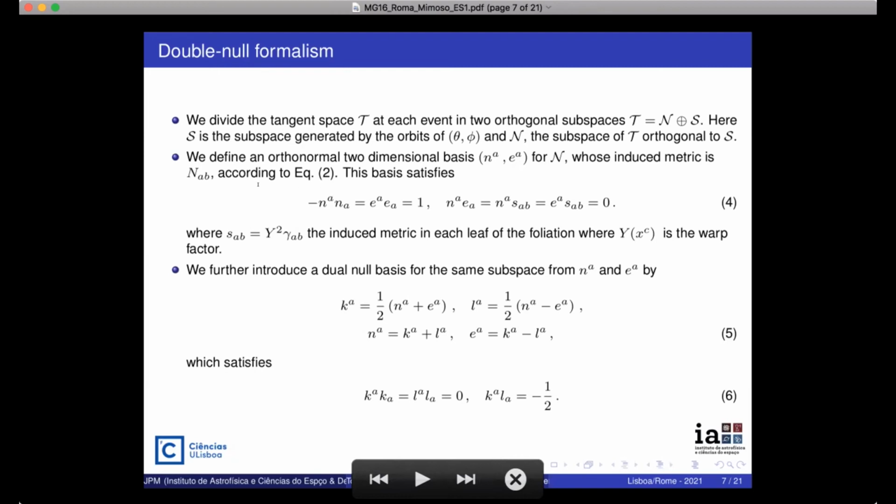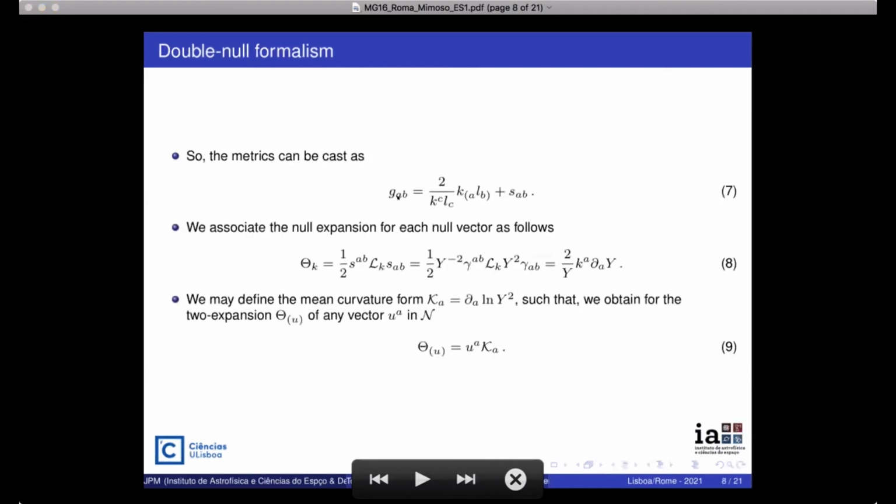So we can also split the metric into a combination of the metric given by the leaves, which is rescaled by a factor y, times the metric induced on the orthogonal space. So this is basically a well-known formalism. We define null vectors and then we normalize them, and the metric can be written like this. So it's another way of splitting the metric.